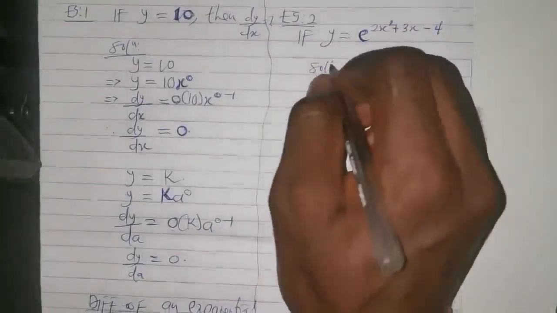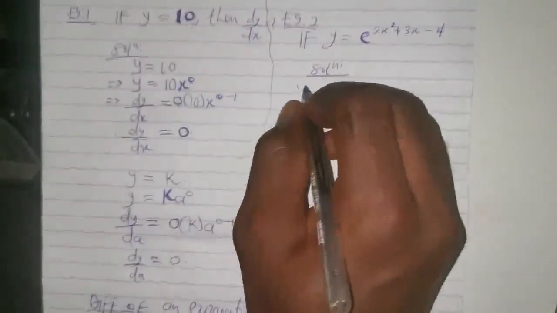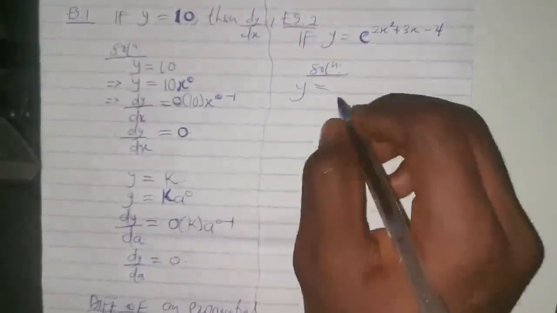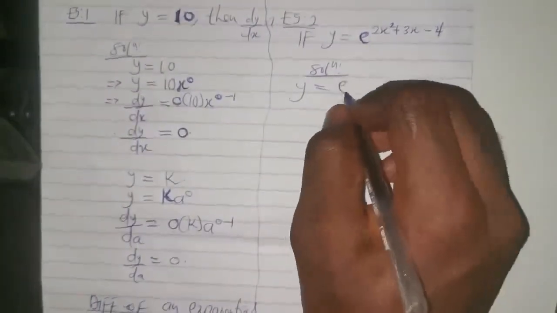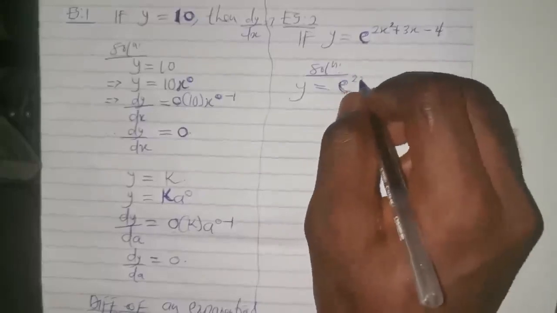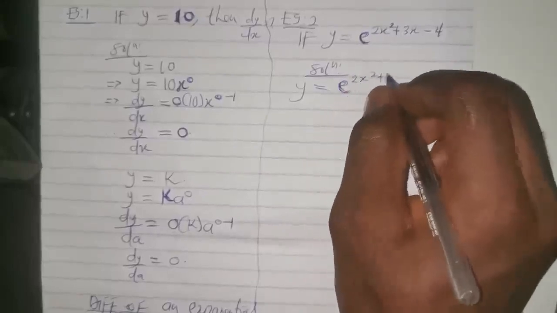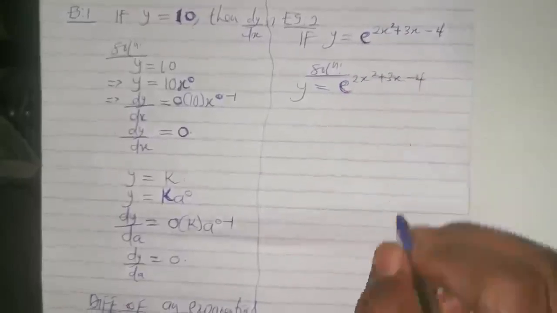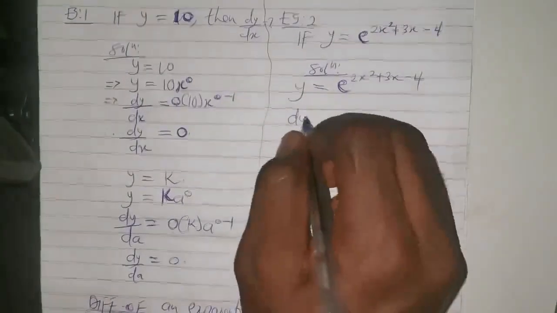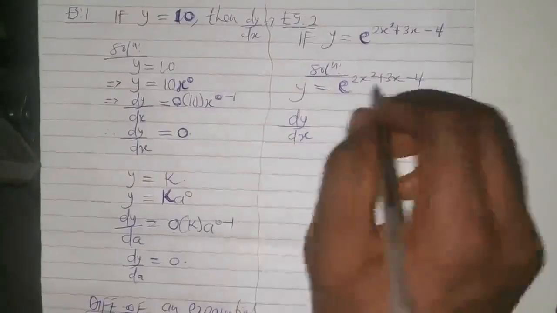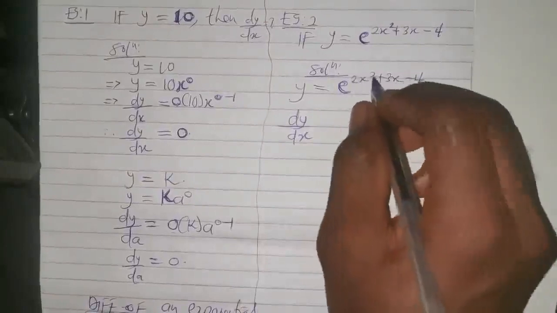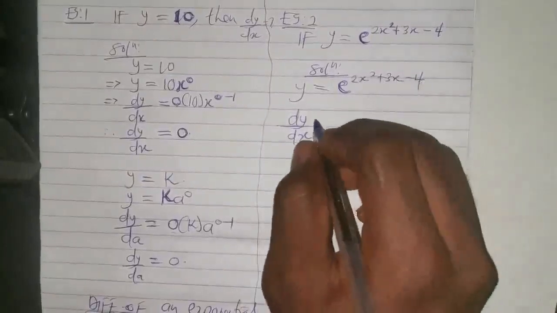So with that, I have your solution here. Straight away I can say that my y is equal to e to the 2x squared plus 3x minus 4. So I can say that my dy over dx, I'll differentiate this function, the whole of the 2x squared plus 3x minus 4. So let's differentiate and see.